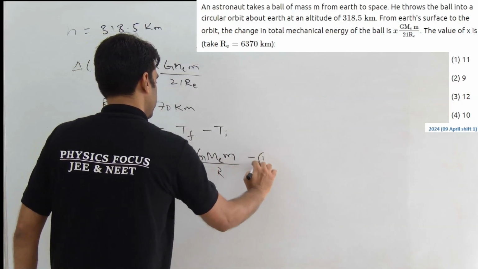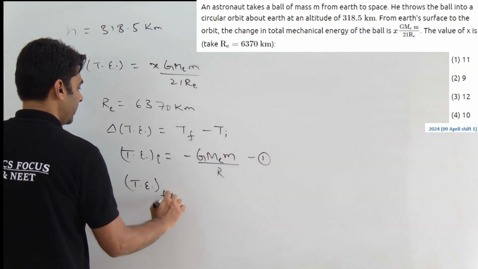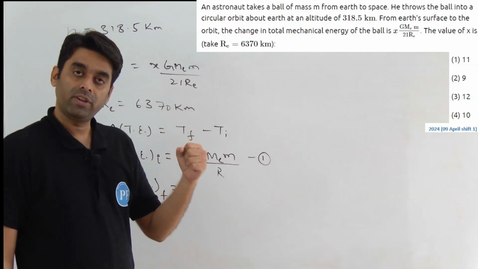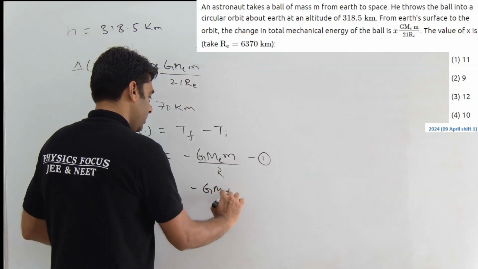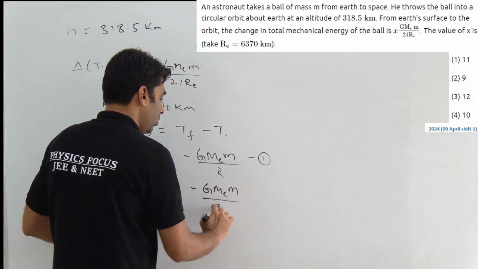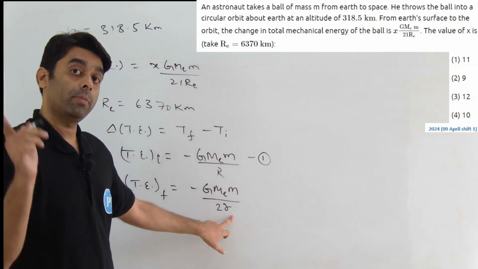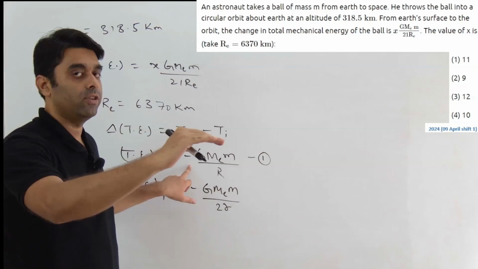Okay. Now total energy final. Final total energy will be the summation of kinetic energy plus potential energy, and that is given as minus GMEM by 2r. This is your 2 small r, that is your orbital radius. Please be careful, on the surface only potential energy is there.